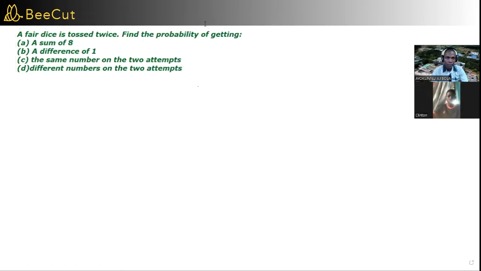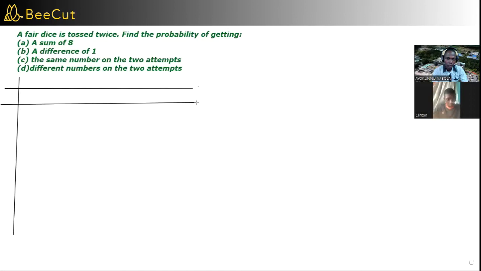So I'm going to be drawing up the sample space now. For my sample space, we have a line like this, another line crossing it at the top like this. Now there are six faces on a die, so I'll be needing 6 spaces.